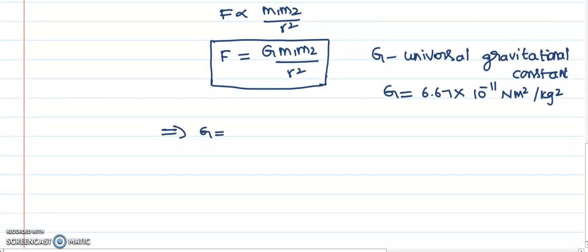Therefore G is equal to F r square divided by m1 m2.